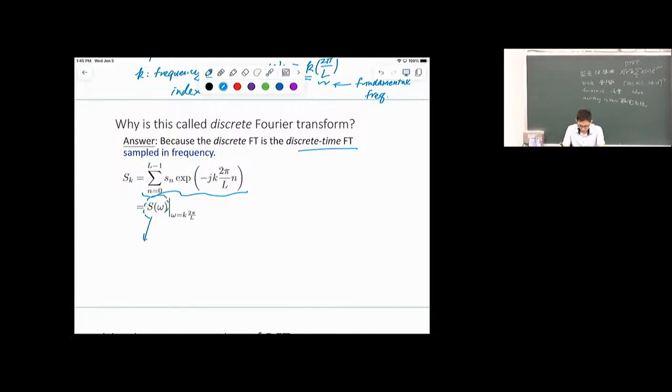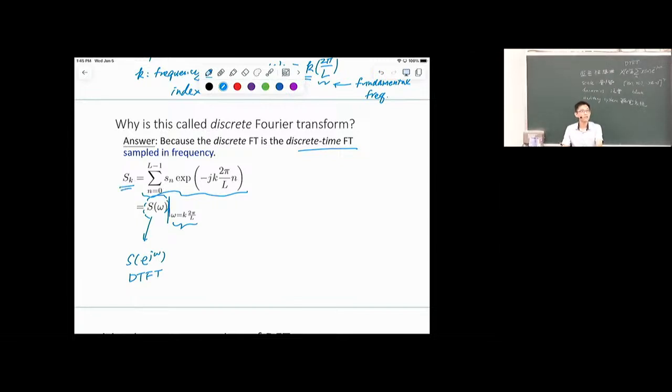I should have written S of e^jω, to be more consistent with the notation of the textbook. But you know the spectrum. So DFT is DTFT sampled in frequency. If you evaluate DTFT at this very frequency, that gives you S of K.